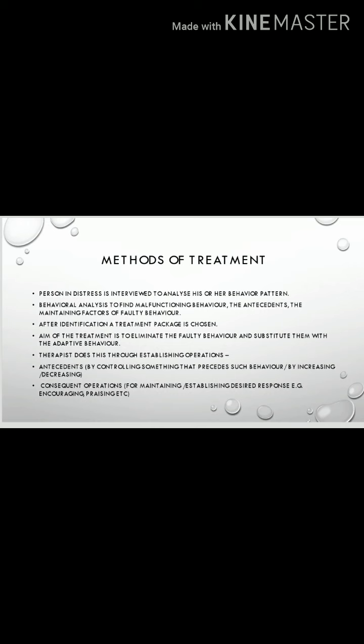So students, let us try all three things with one example. A young person has acquired the malfunctioning behavior of smoking and seeks help to get rid of smoking. Firstly, the behavioral analysis is conducted by interviewing the client and the family also.